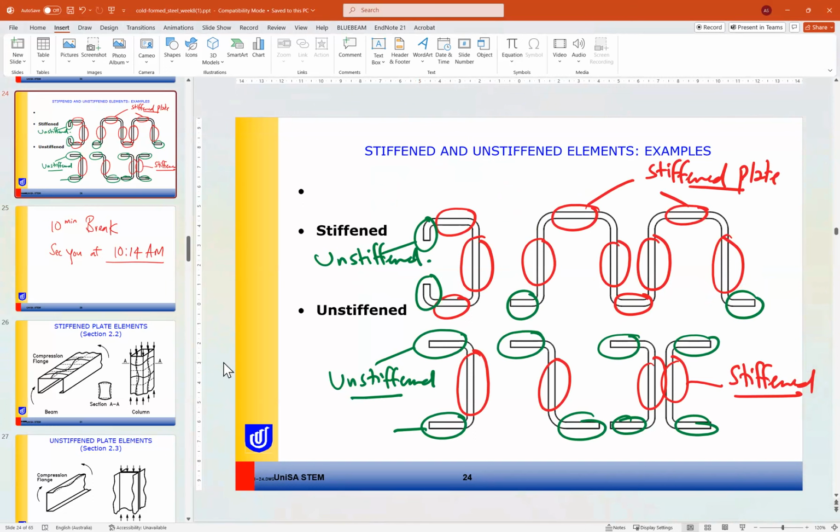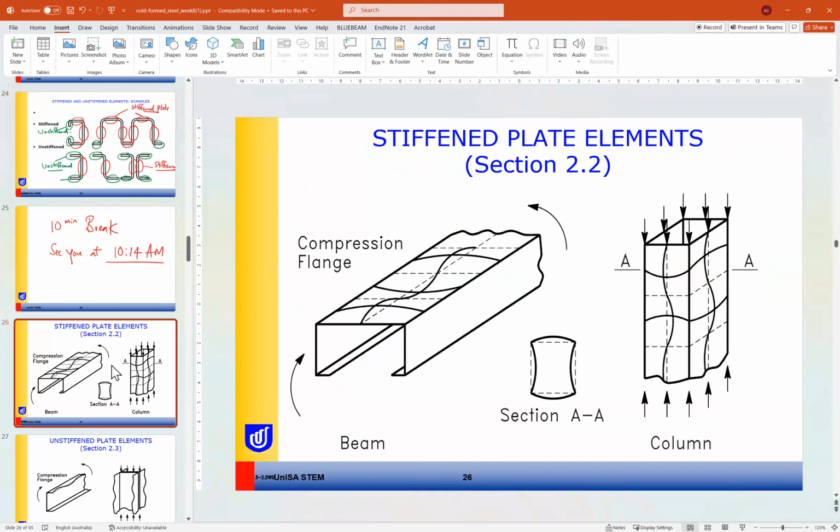Do you have any question about this part? No? Okay. So let's see how the stiffened plate and unstiffened plate behave according to section 2.2 of the Australian Standard 4600.